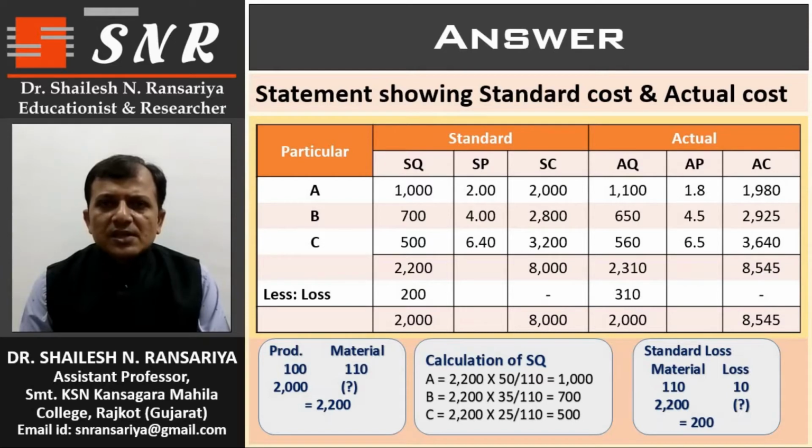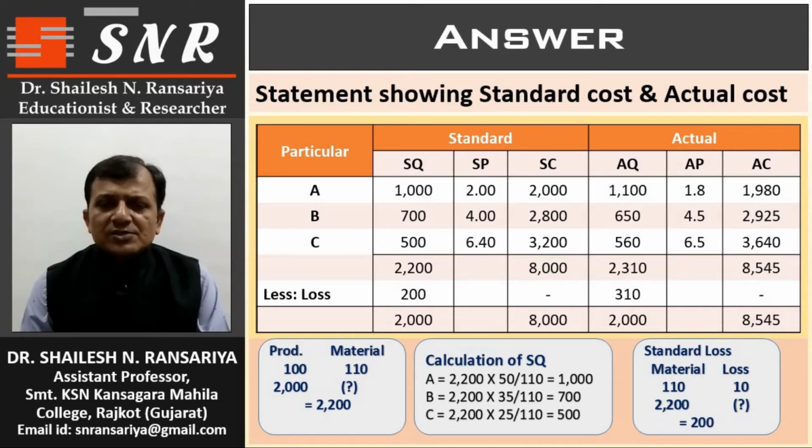For C, SQ 500, SP 6.4, so SC 3200. Total SQ 2200 minus standard loss 200, so the production 2000. Total standard cost 8000. Scrap value for the loss is not given, so it is dash, so standard cost is also 8000.